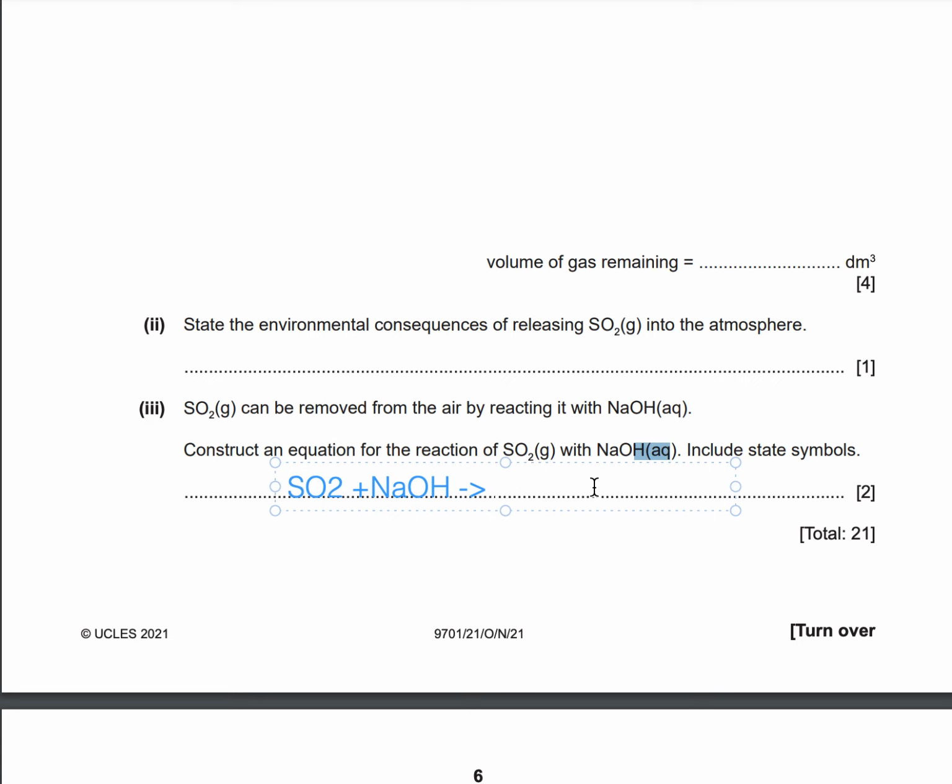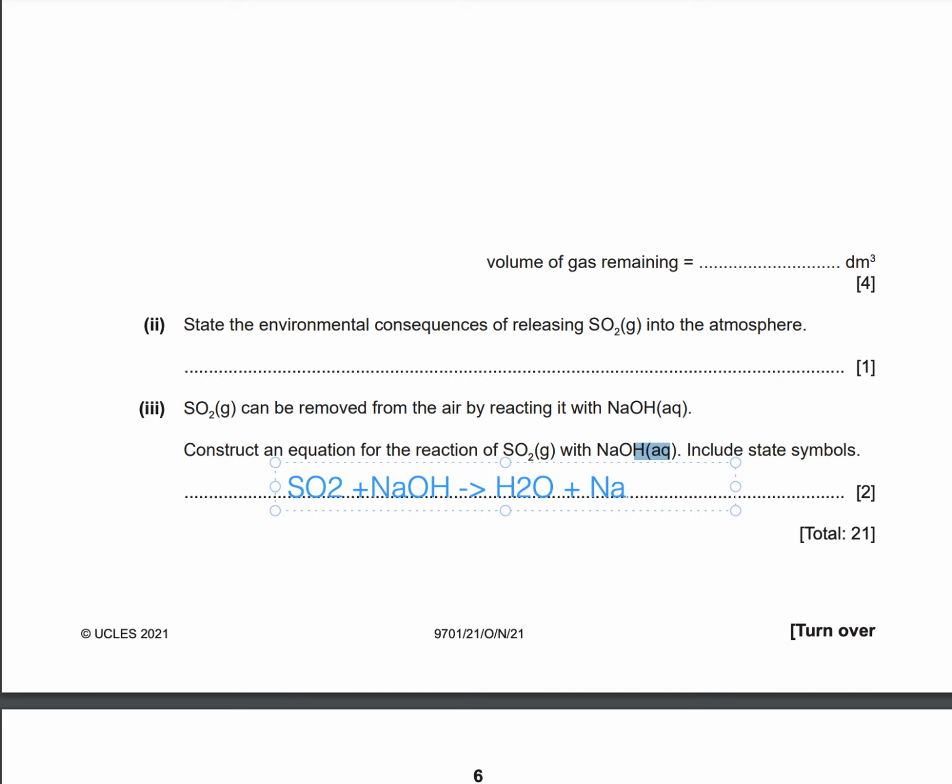So we can write water first, H2O, and whatever is left, we're going to combine in another reaction.